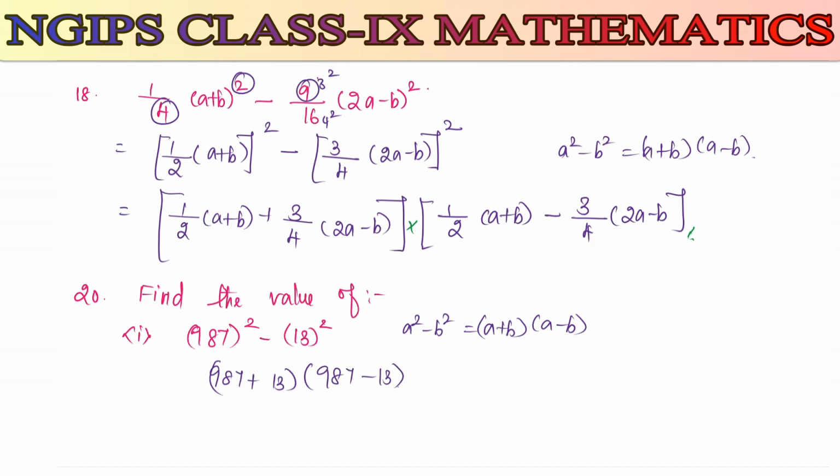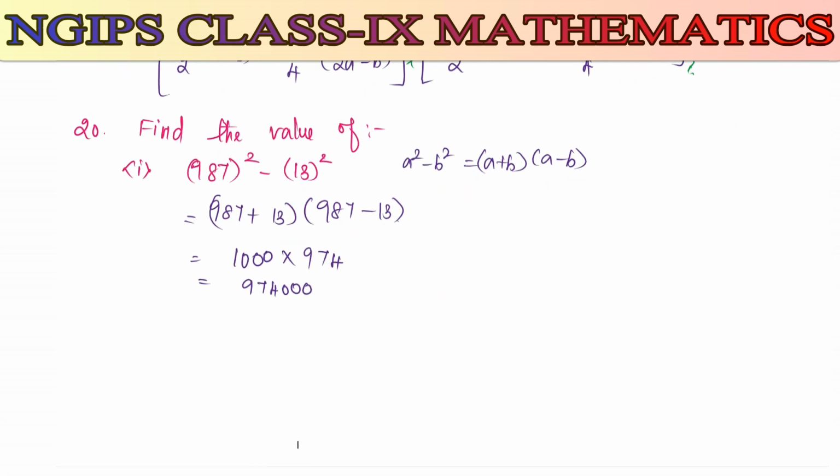When you add this, we are going to get here 7 plus 3 it is 10, 0 remainder 1, 8 plus 1 9, 9 plus 1 10, 0 remainder 1. We will get 1000 into this value. When you subtract here we will get 4, and this is 7, 9. So 974. When you multiply both you will get 974 followed by 3 zeros. So it is nothing but 9,74,000. So this is the answer.